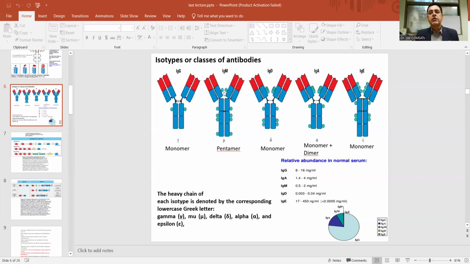It's always going to bind with the same antigen, but a different isotype would have more binding affinity with the antigen, and that is achieved with the help of different mutations that take place in the genes that are encoding the antibody.